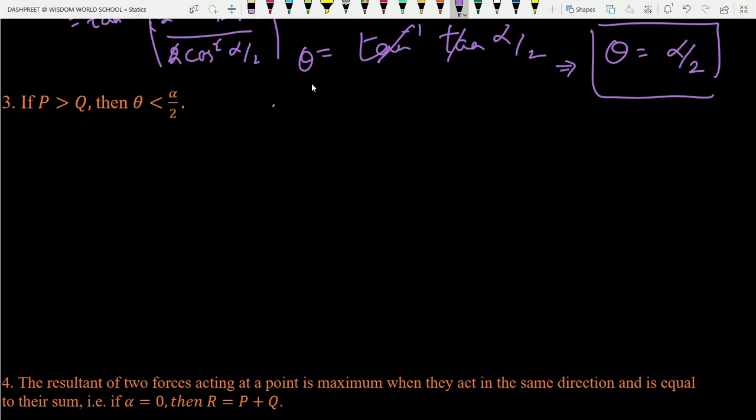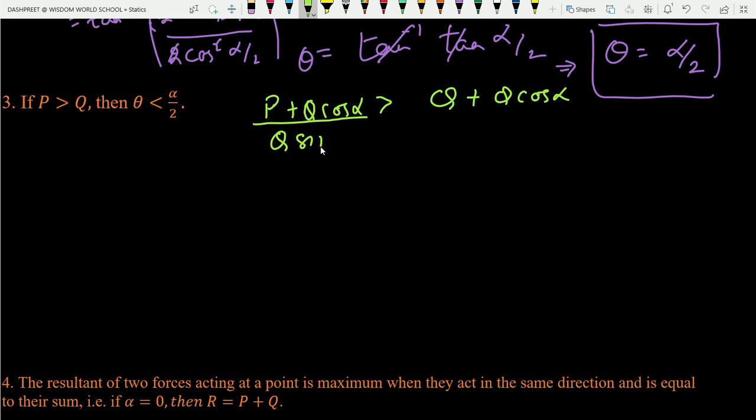So here it is given P is greater than Q. Adding Q cos alpha on both the sides. Again dividing by Q sin alpha on both the sides.